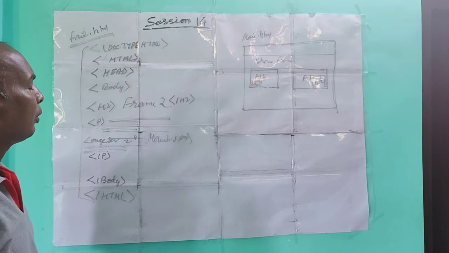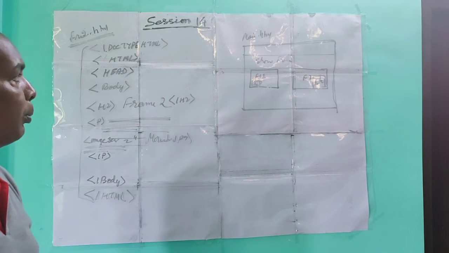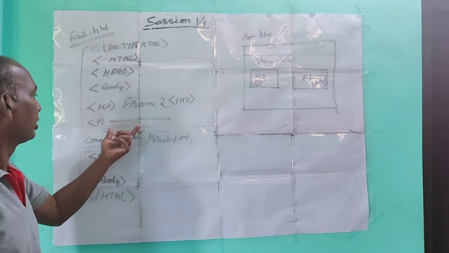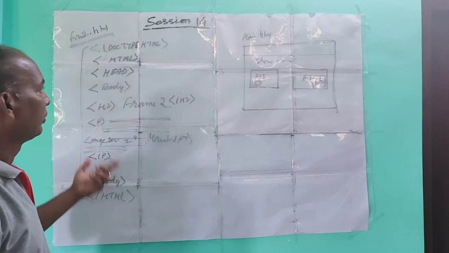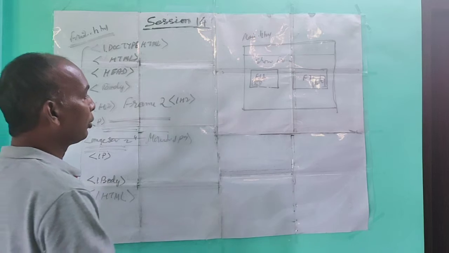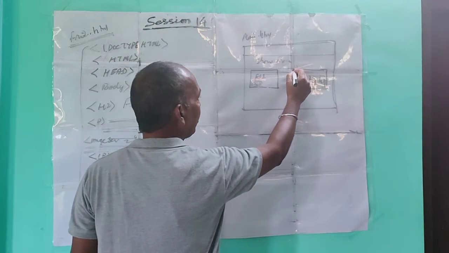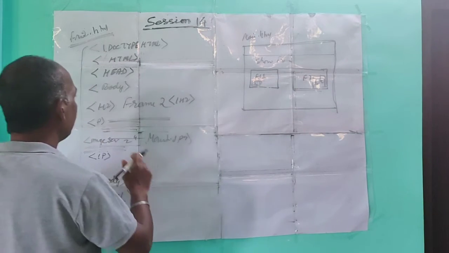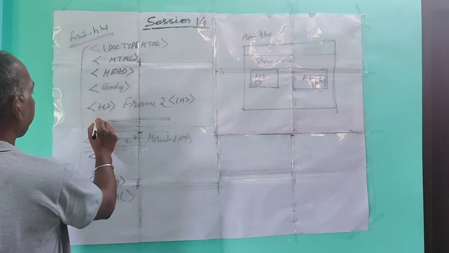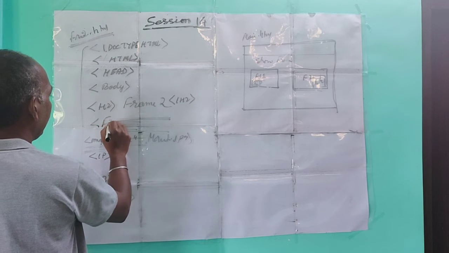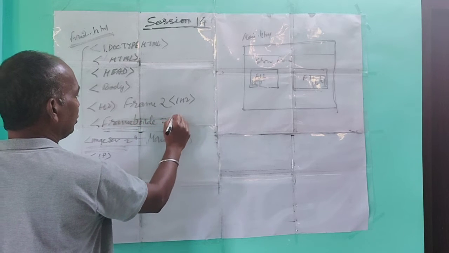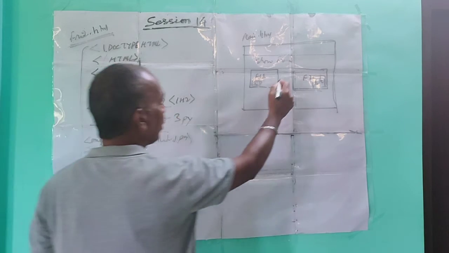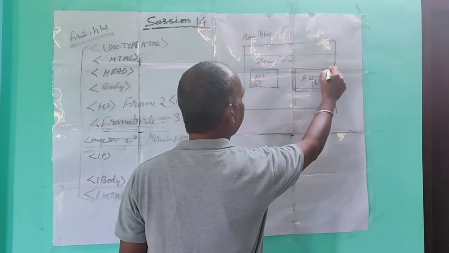Now if you want to change the color or the border, you can use it here. Frame border is this much, frame height is this much. Suppose you want to change the height and width of the border, you can use it here. After frame you can write frameborder equals to 3 pixels, then the border will come in 3 pixels.